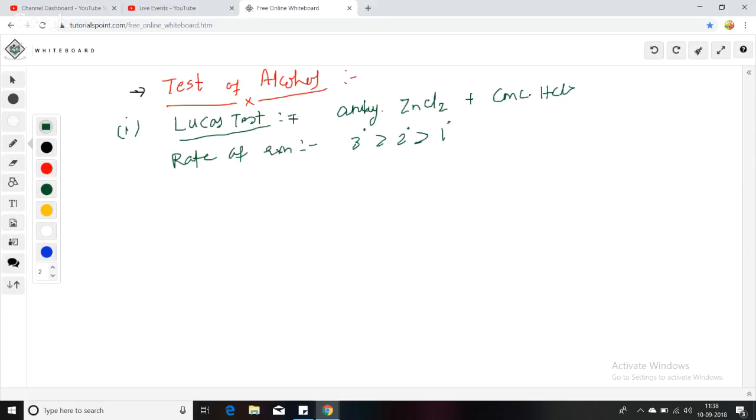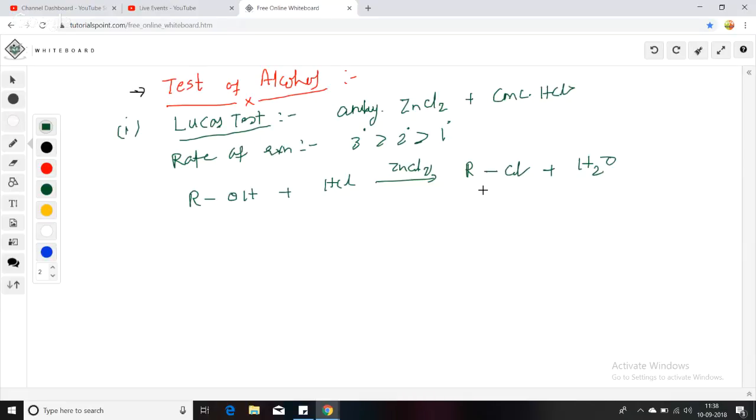So what happens in this when the reaction takes place? Let me write down the reaction first. We have ROH plus concentrated HCl, and this we have anhydrous ZnCl2. I am not writing anhydrous and concentrated here because I have written it already. This gives you RCl plus H2O.